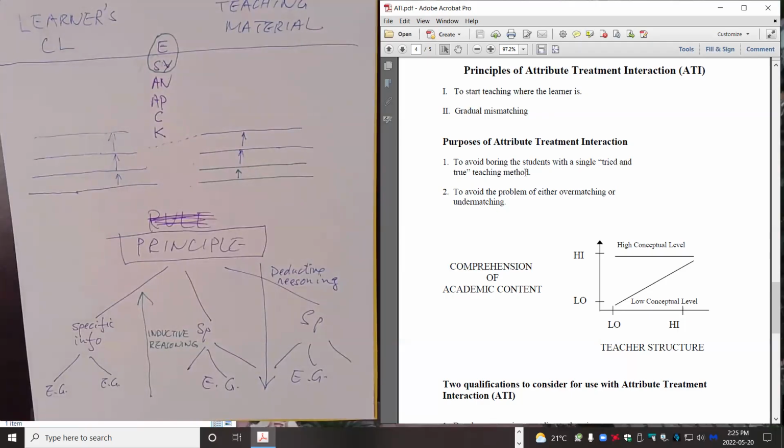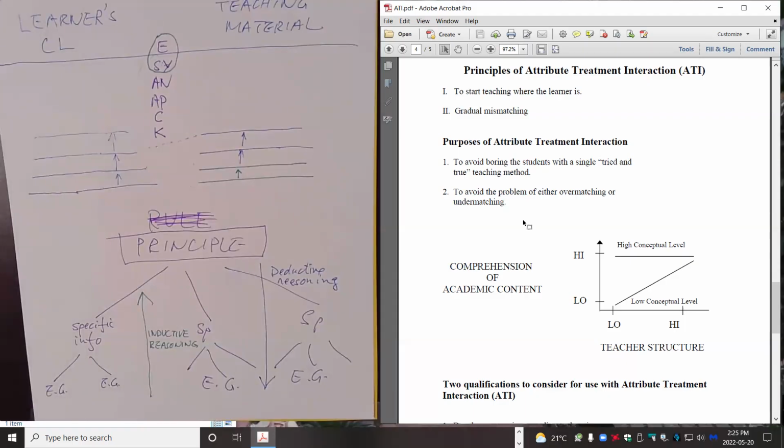And to avoid the problem of either overmatching or undermatching, so we pay attention to gradually shifting the teaching method to a more complex level of teaching, in order to help the students grow.